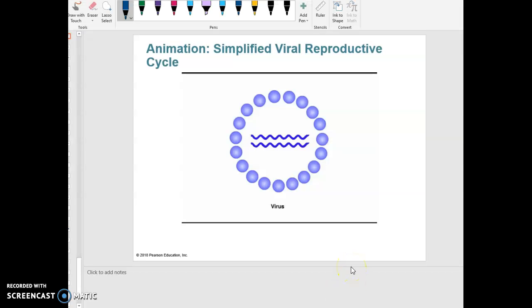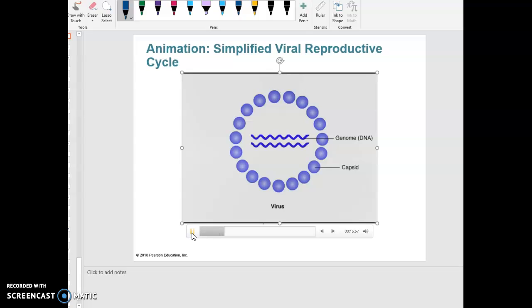This is the viral reproduction cycle. A virus is an intracellular parasite that can reproduce only by taking over a host cell. A virus consists of a nucleic acid genome enclosed in a protein shell called a capsid.